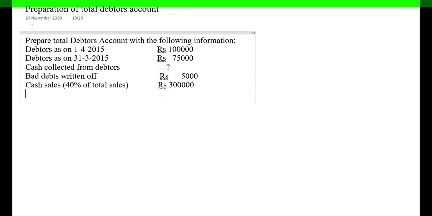Then reserve for doubtful debts, rupees 4,000. Then return inwards, rupees 10,000.